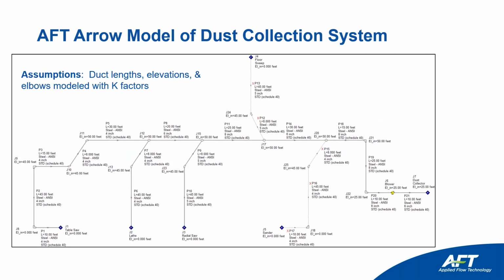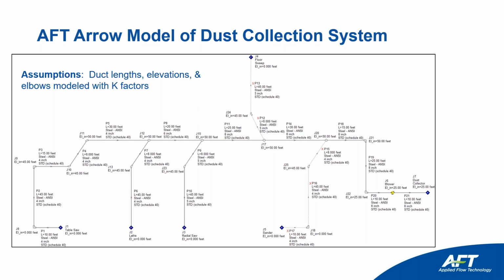So this is the Arrow model that I built of that system, of what I thought it might look like. The assumptions that I made were on the ducting lengths, the elevation, and then for the elbows in the pipe duct runs, I modeled those with K factors. I used either a 90-degree elbow or a 45-degree elbow accordingly.